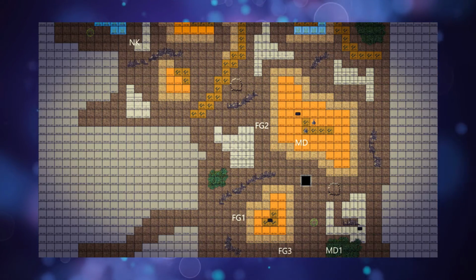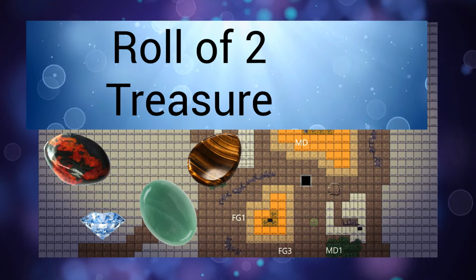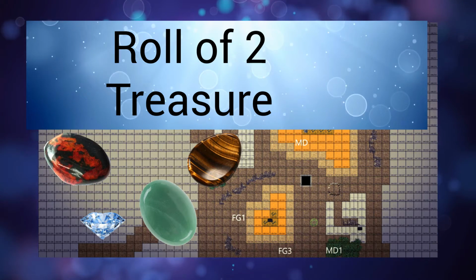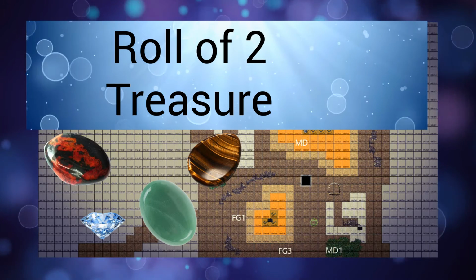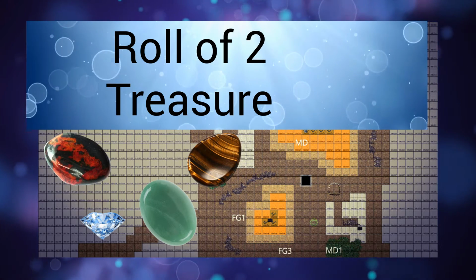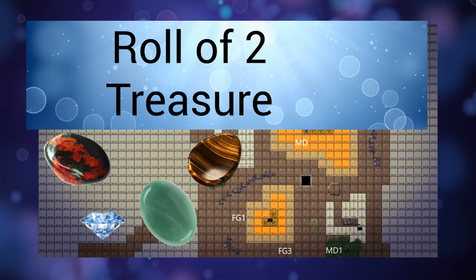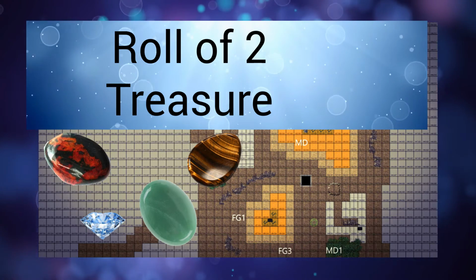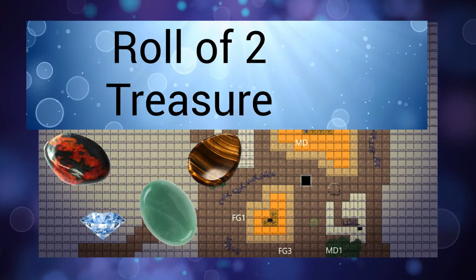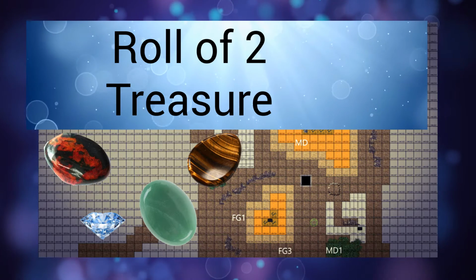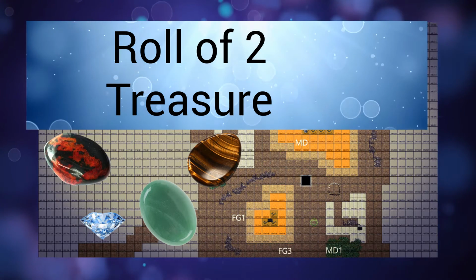The players find a significant amount of treasure that's going to help them in the dungeon. There's only a 1 in 64 chance of this happening, roughly 2%. It's actually 1.6%. So there's a very low chance of them finding treasure, but I think it's a pretty good reward.